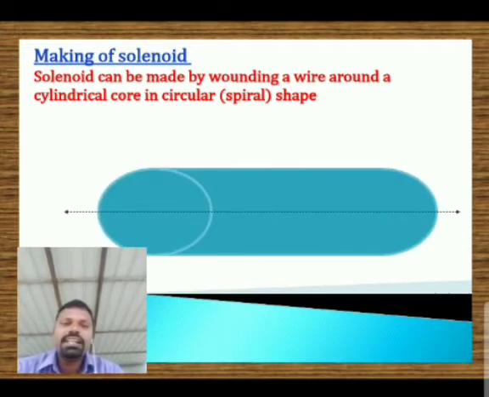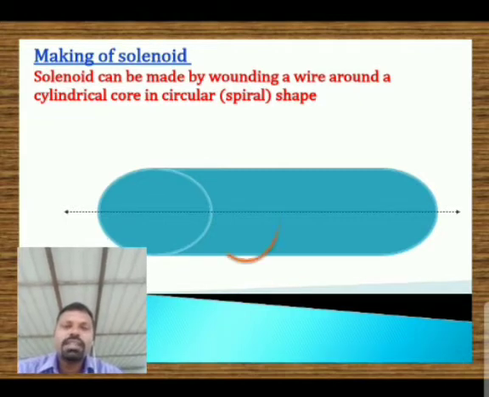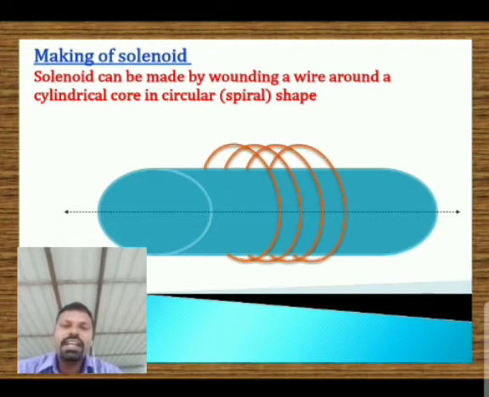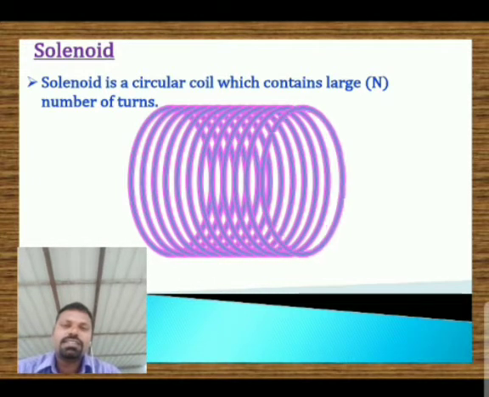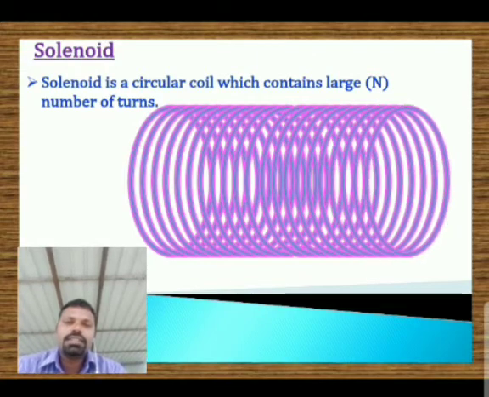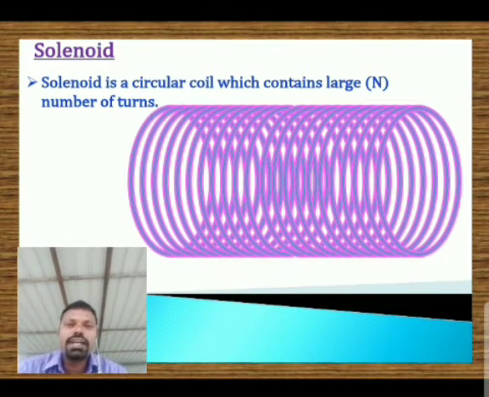Now I am winding a wire around this cylindrical core in a spiral or circular shape. Then if I wind this wire, I will get it like this. Now remove this cylinder. Then this is the solenoid. See here, this is a ring, but a solenoid consists of many rings like this. This is my solenoid.